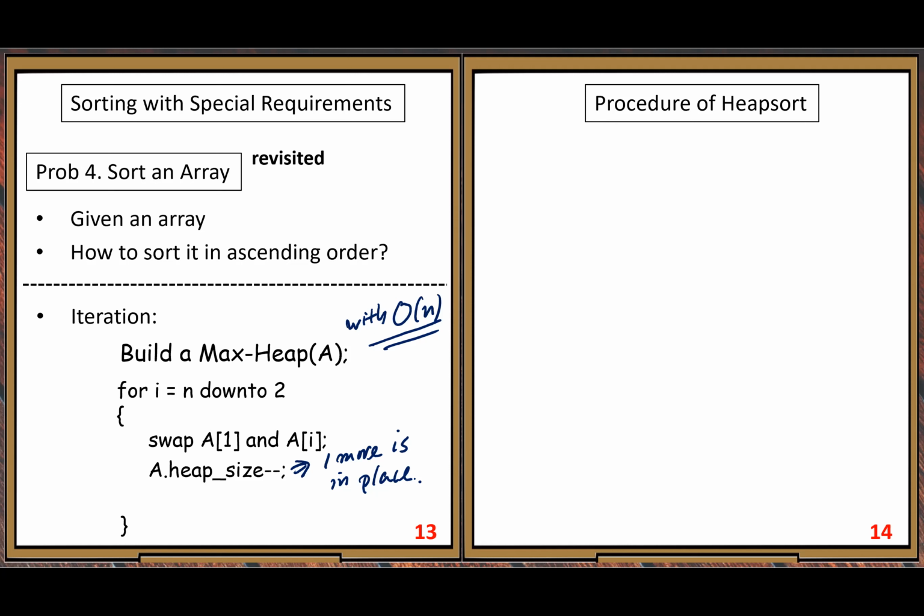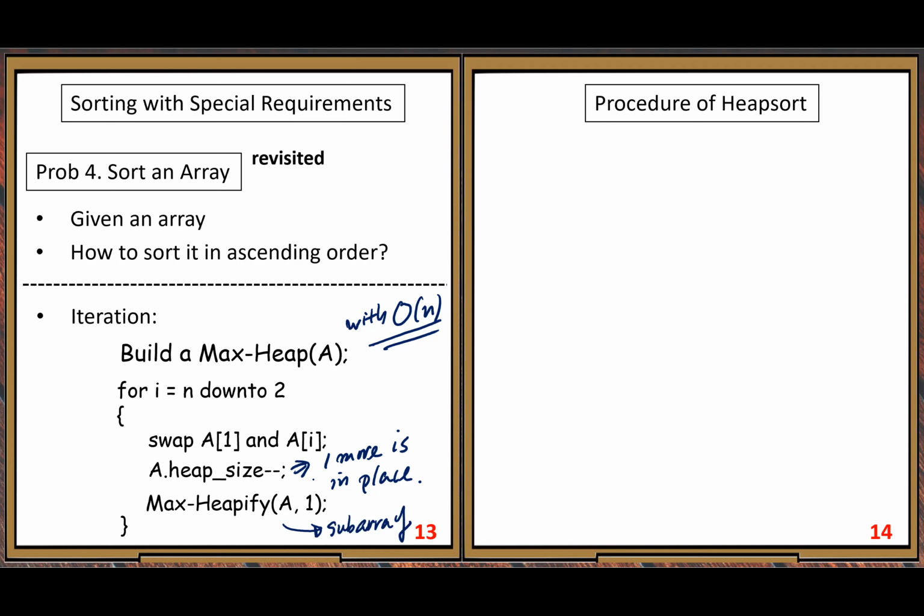So we reduce the heap size by 1. After that, we apply the max heapify operation on the current array A. Although we still use A, we know it stores a subarray, excluding those elements that are in place.